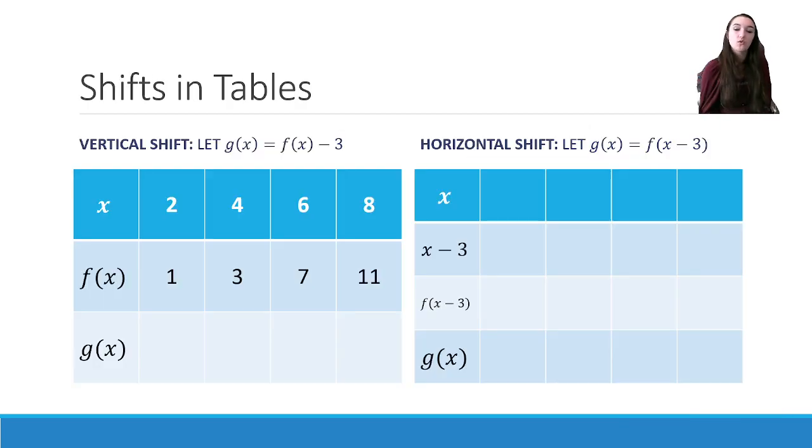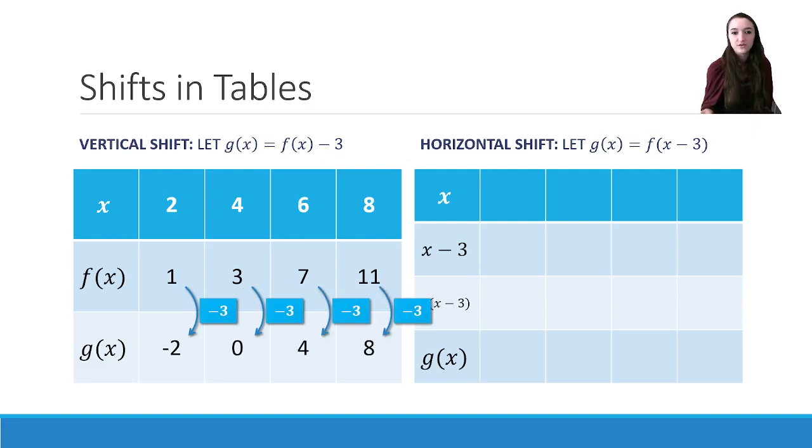Alright, so let's look at what this looks like in a table. So if we have x and f of x, and then I've defined for a vertical shift, g of x equals f of x minus 3. So vertical shift just means I just subtract 3 from all of those output values. So I'm going to take 1 and subtract 3, so I get negative 2.